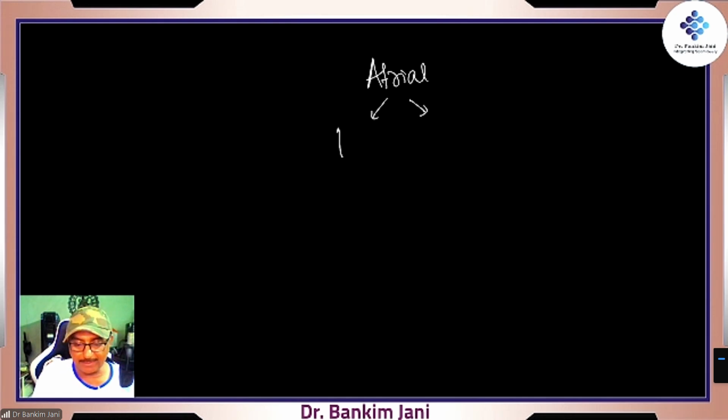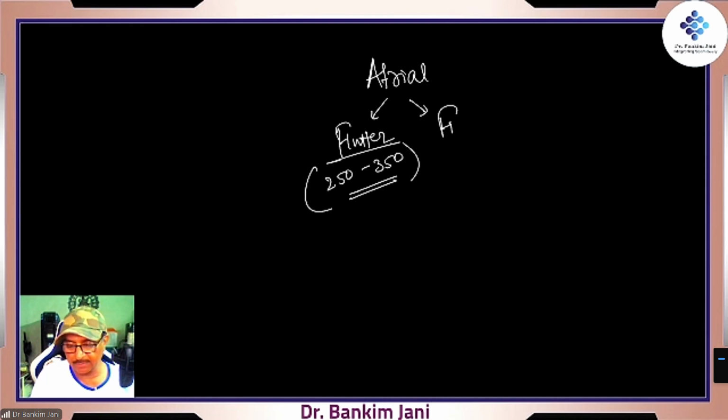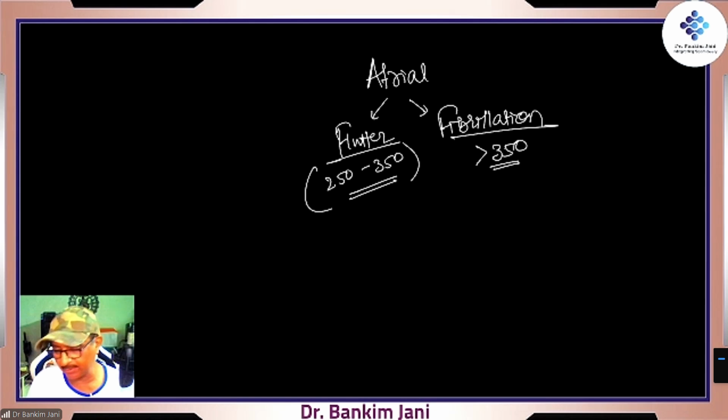One was atrial flutter. So you know the rate, right? Atrial flutter is when it is between 250 to 350. And when it comes to fibrillation, so fibrillation is at an extremely high pace. That is more than 350. Right? Can go to 400, can go to 500.